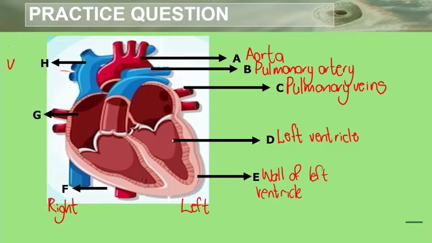That one is on top, so we know it's the superior vena cava. G is the right atrium.